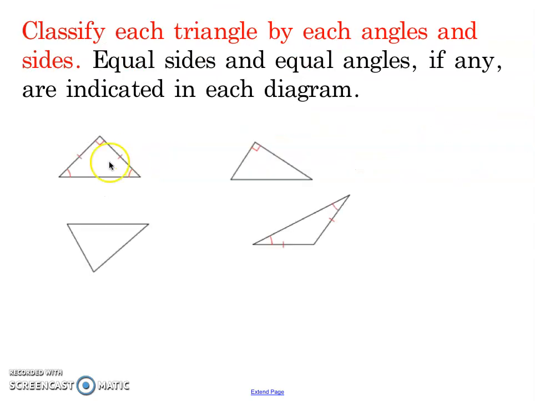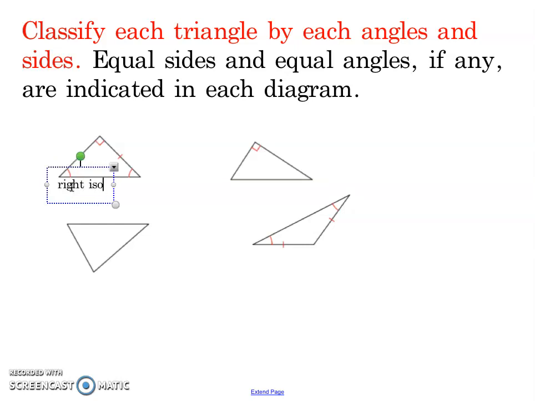So we are going to classify the triangles by their angles and sides. We use these little dash marks to signify that the sides are equal. We also use the arches inside the angles to show that the angles are equal. And the box, if you remember from angles, that signifies it's a right angle. So if we look at the first triangle, this triangle has one right angle, so it's a right triangle, as well as 2 sides that are equal.